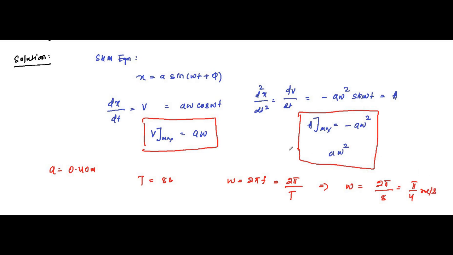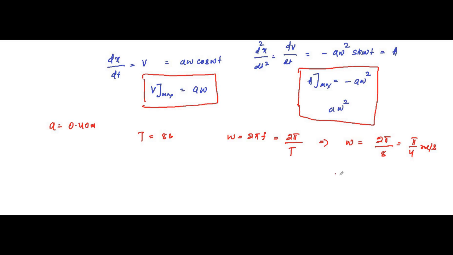So we'll simply put the value of omega is equal to pi by 4 per second to get the maximum velocity first.